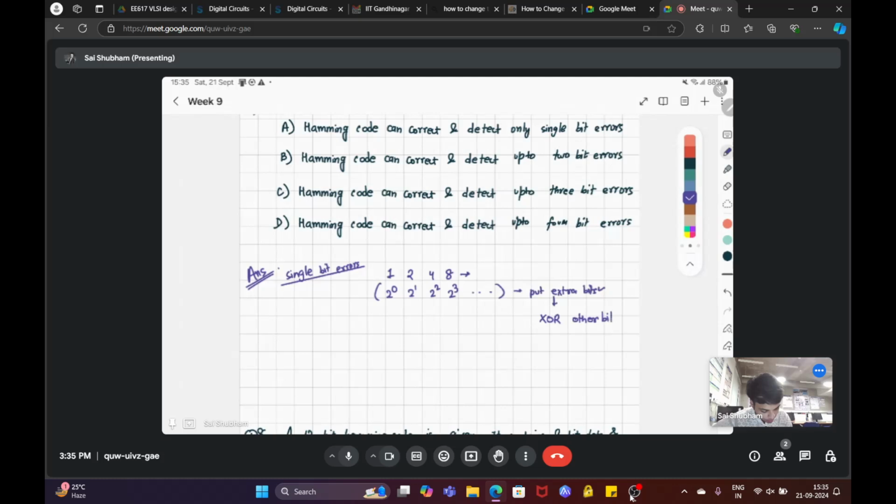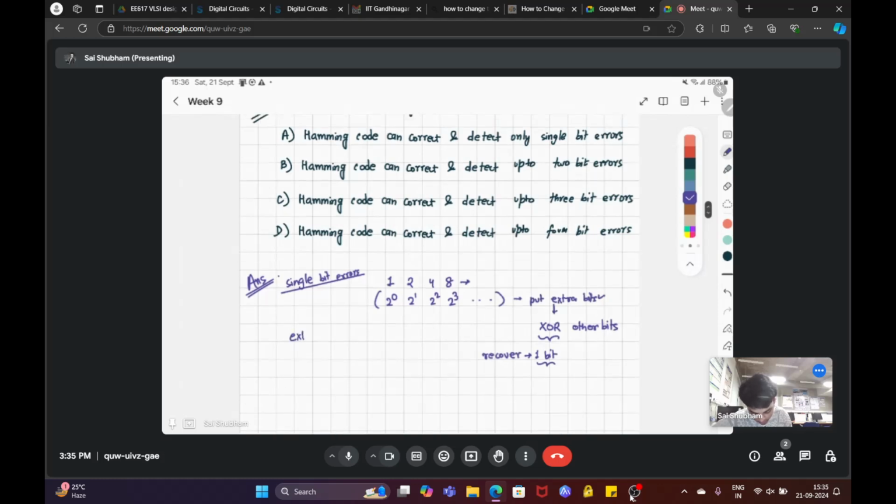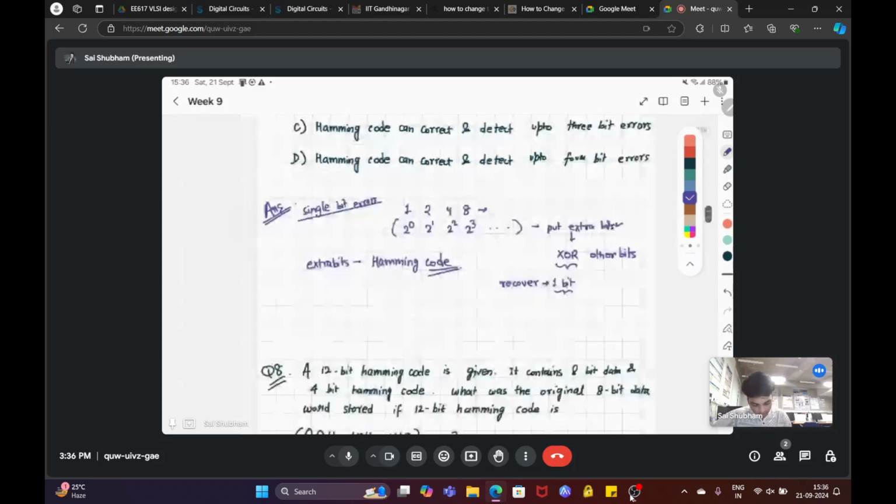Okay. So when we XOR, we have the ability to recover only one bit when there is an error, and the location of that one bit which contains the error is given by your extra bits, which is your Hamming code. Okay. So we will see that in the following question.